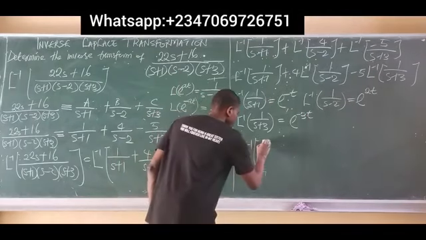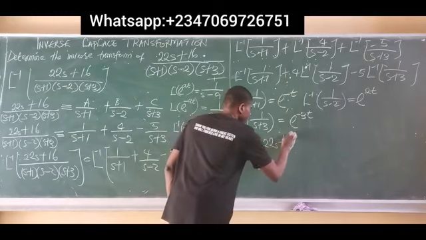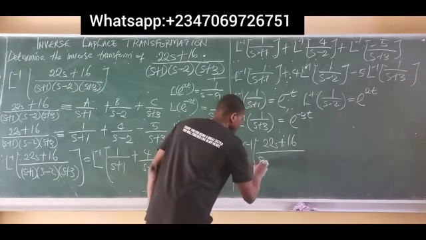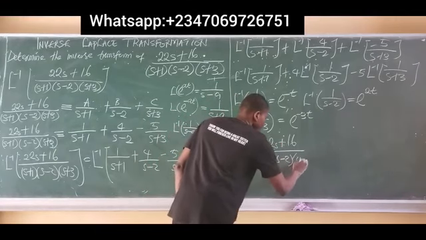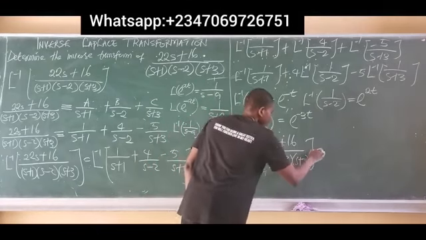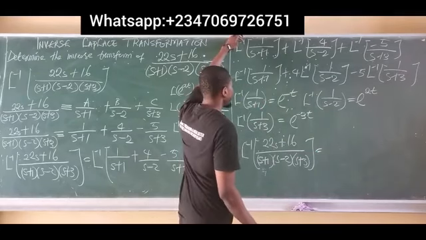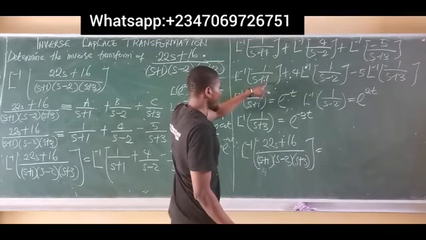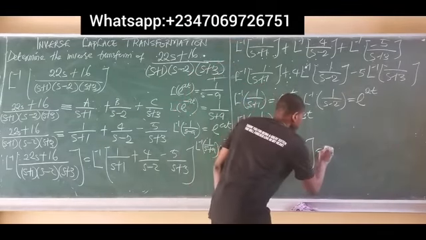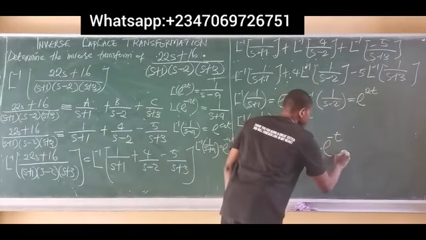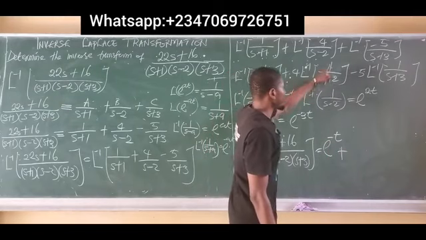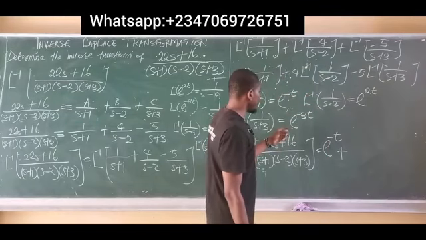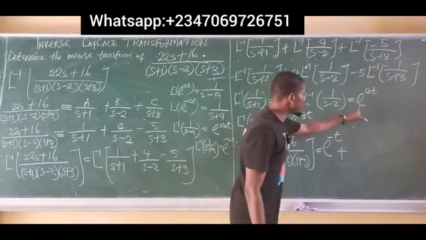So if you plug this into that equation, therefore, the Laplace inverse of that compound fraction (22s + 16) over (s + 1)(s - 2)(s + 3) is now equal to: we had the Laplace inverse of 1 over s + 1, which gave us e^(-t), plus, not forgetting, the Laplace inverse of 1 over s - 2, which gave us e^(2t).